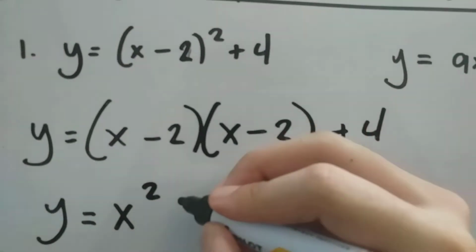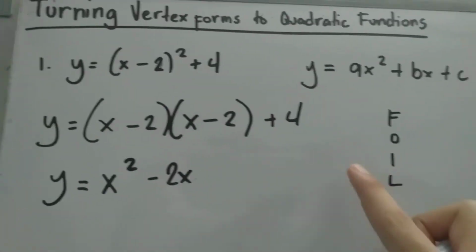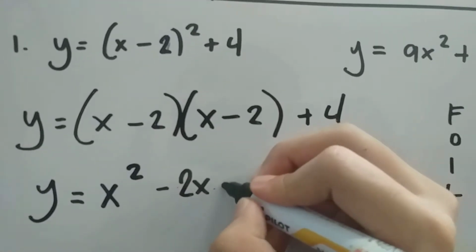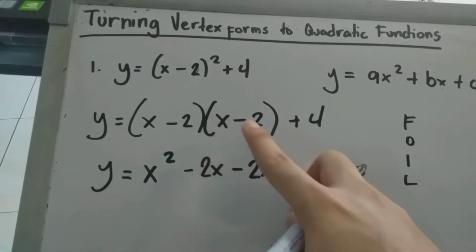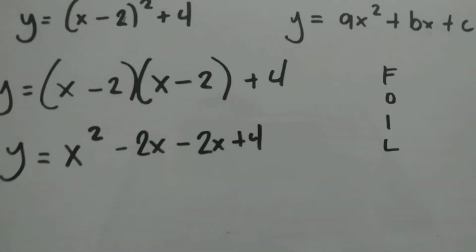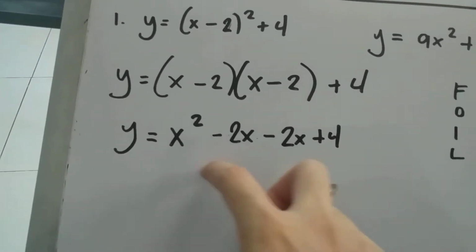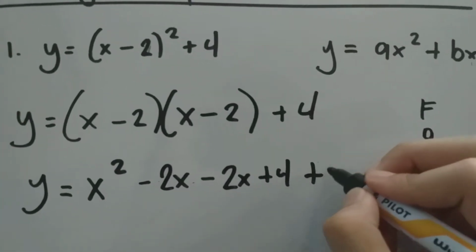X times negative 2 is negative 2x. Then inner terms, negative 2 and x. Negative 2 times x is negative 2x. Then negative 2 times negative 2 gives you positive 4. So this is your simplified square of binomial. Then write the plus 4 right here.